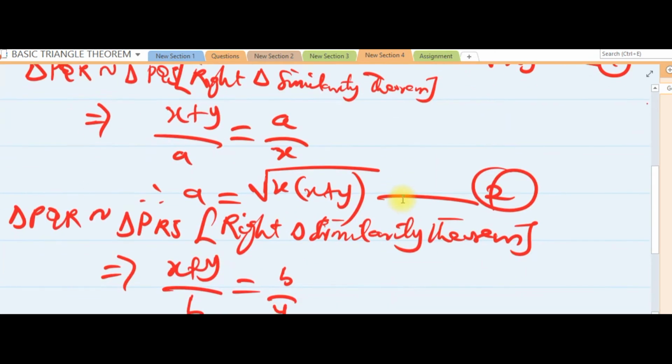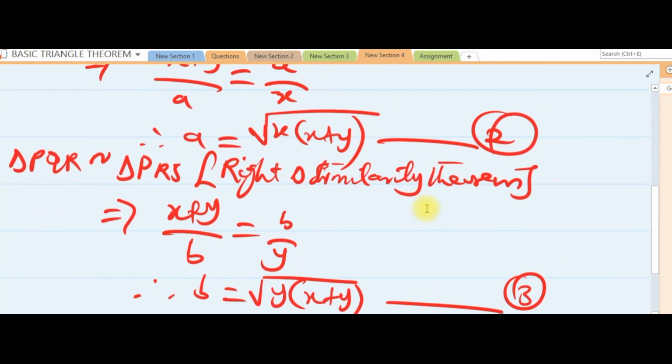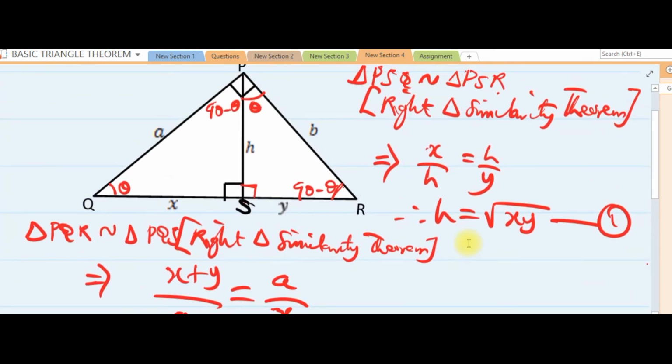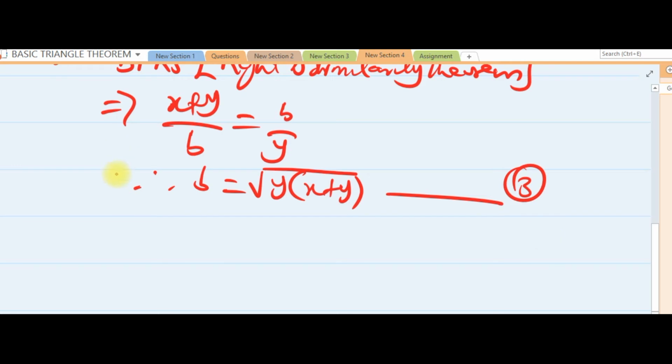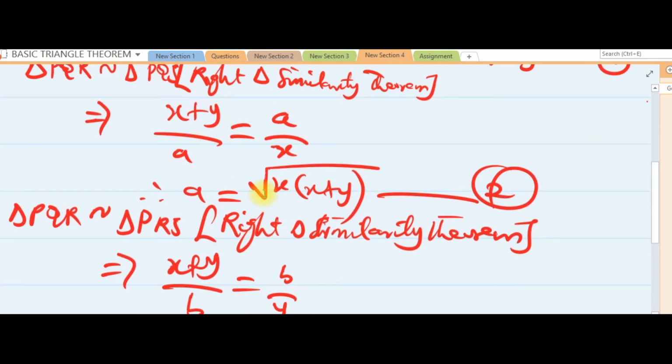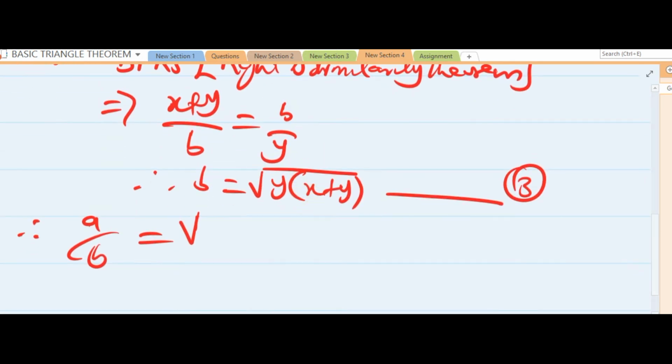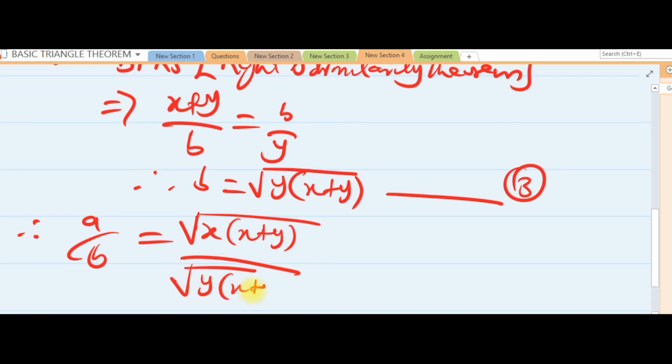Let's add extra stuff here. So assuming we are asked to find a over b from the equations. Therefore, a over b is now a is square root x times x plus y, and b is square root y times x plus y.